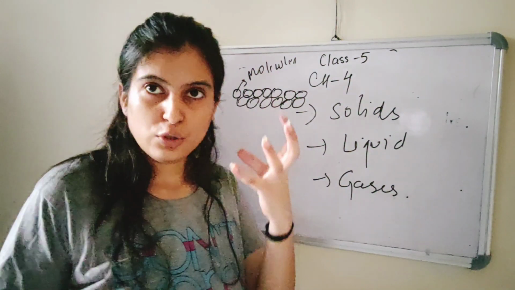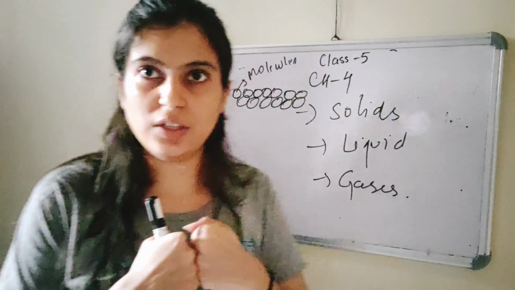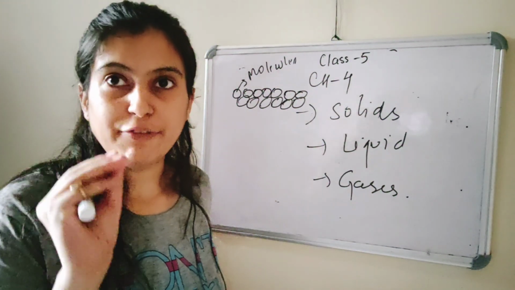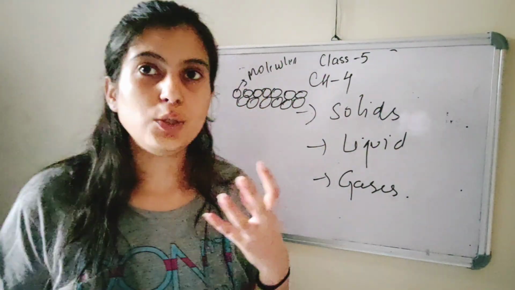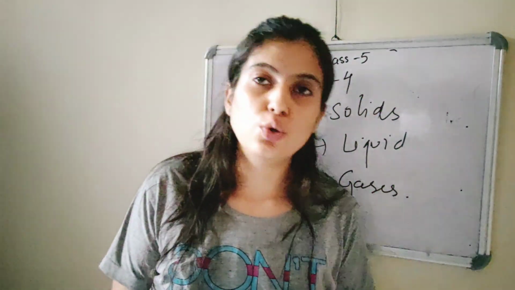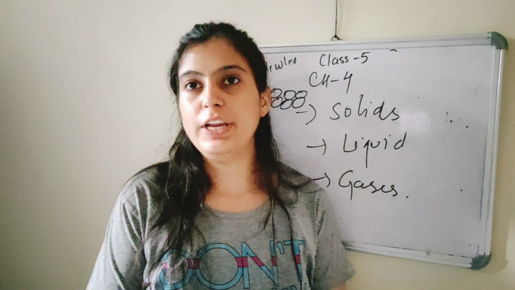Because of these forces of attraction, molecules strongly hold each other, which gives them the definite shape and definite volume. With this, we can say that there are no spaces in between them. So that's why the molecules cannot move around freely.